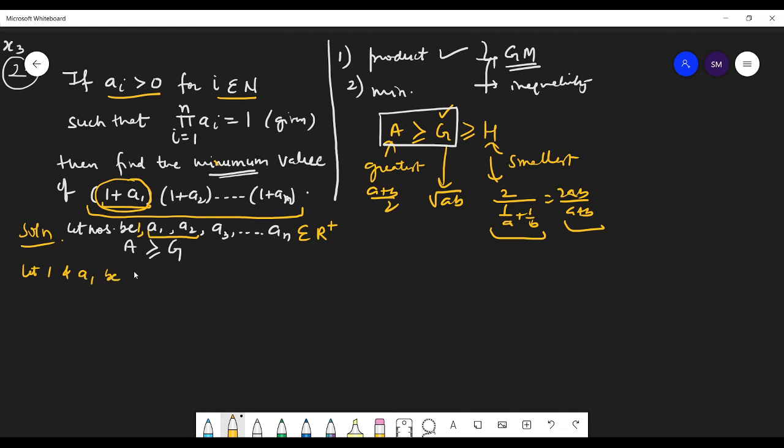Then what is their arithmetic mean? 1 plus A1 by 2 is greater than or equal to the geometric mean, under the root 1 into A1.